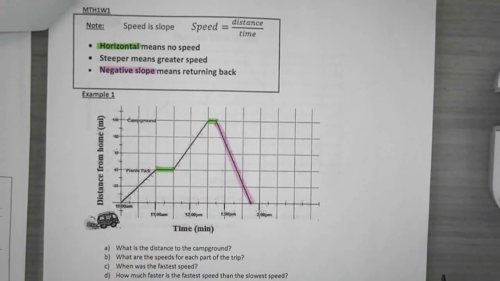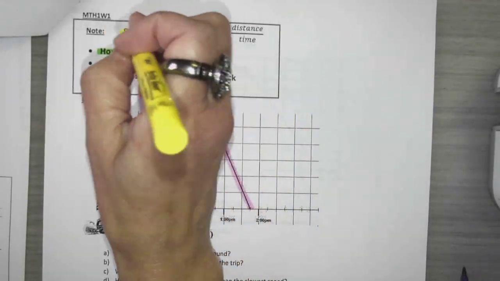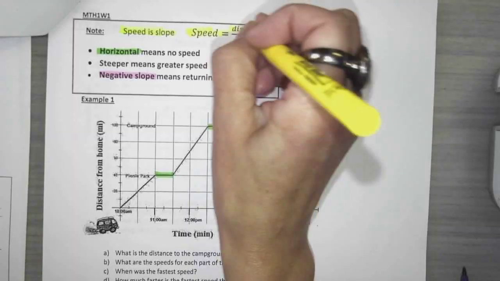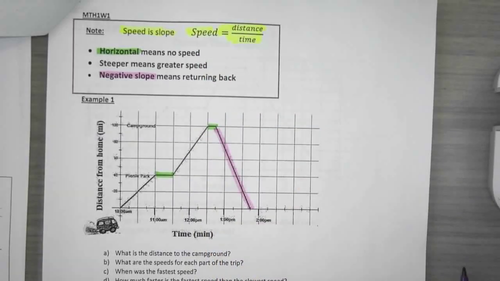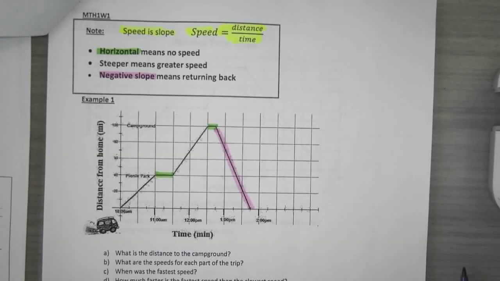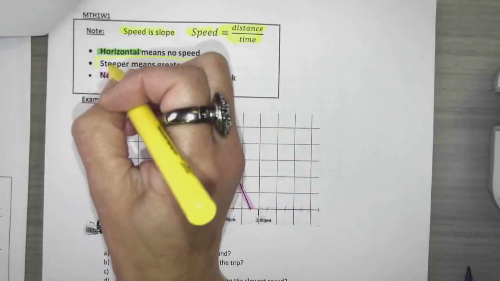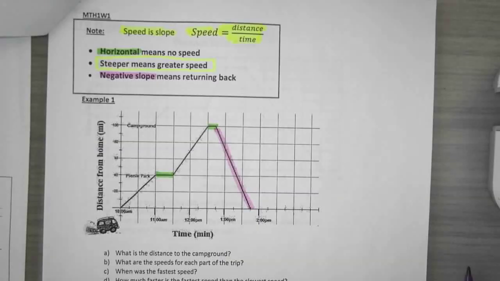Okay? The steeper it is, the faster it is. You have to know this part, that speed is slope. The speed is the slope, and speed is always going to be given by distance over time, how fast you're going, this distance over what time. And the steeper means greater speed. So we note that part down too. We're just going to go steeper means a greater speed.